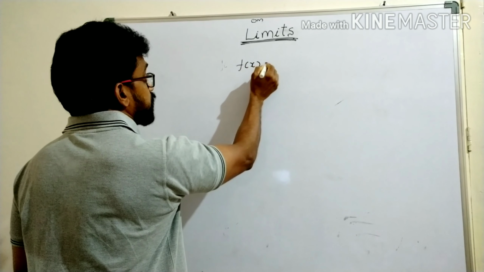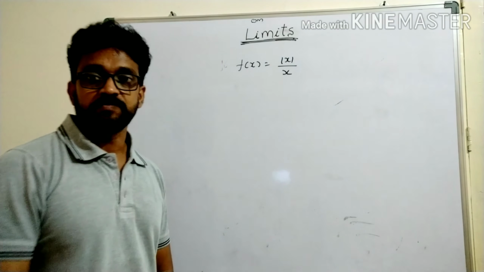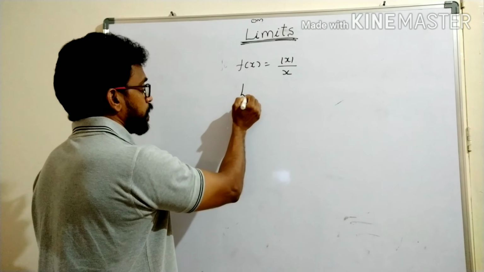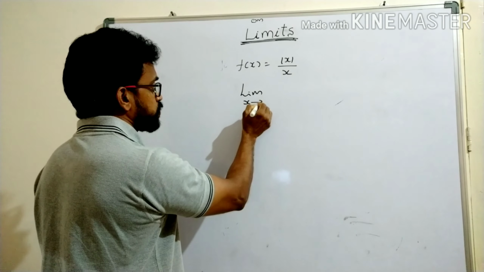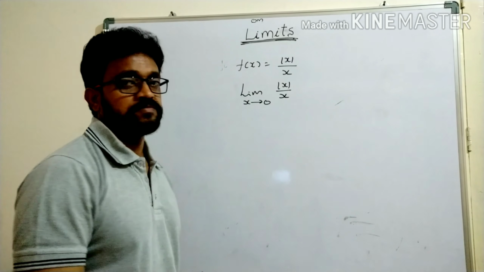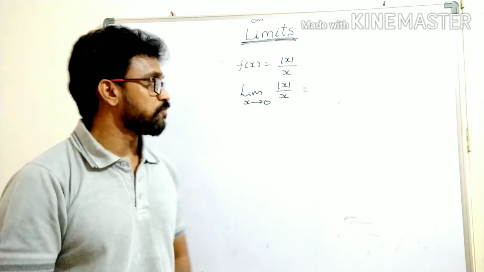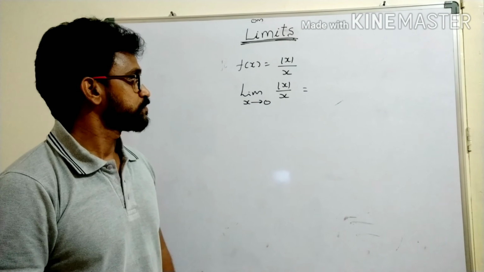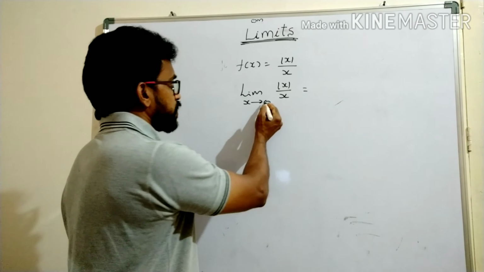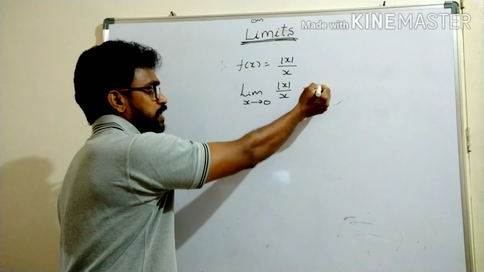Let f of x is equal to mod x by x. Now identify limit x tends to 0 of mod x by x. Here x tends to 0, then mod x by x tends to what?